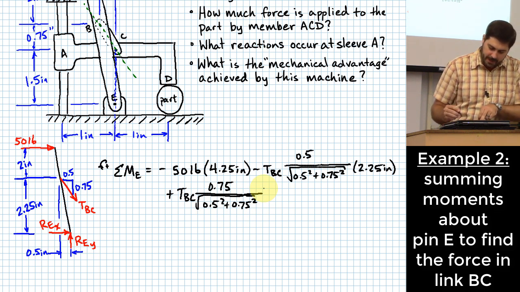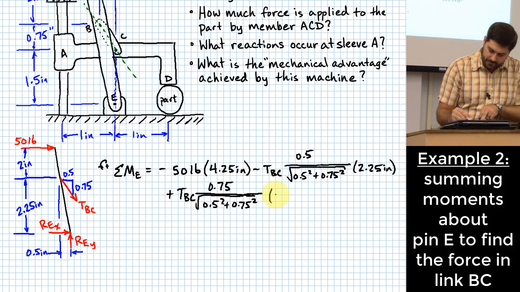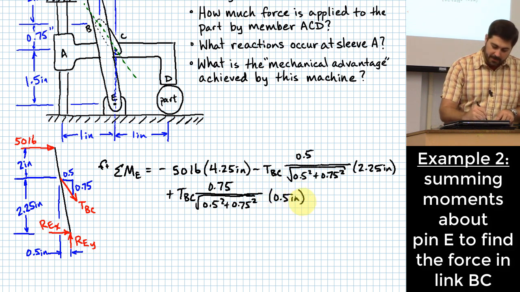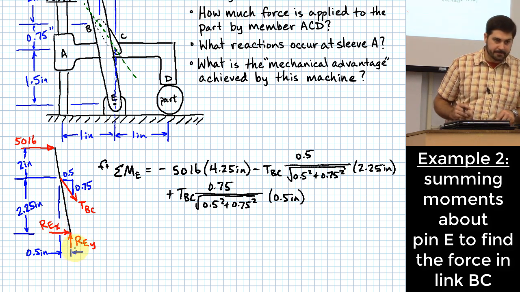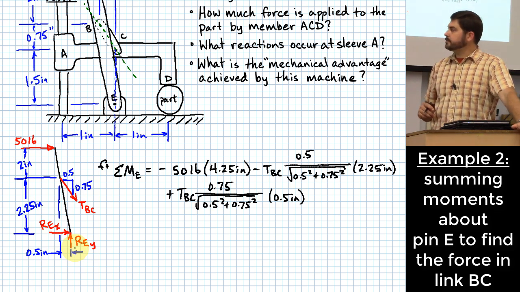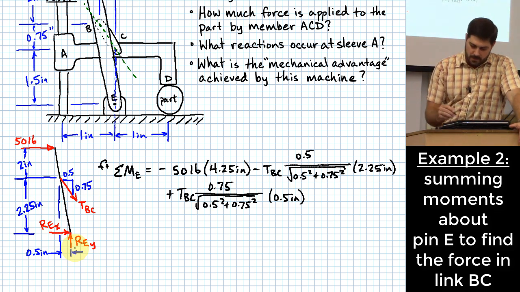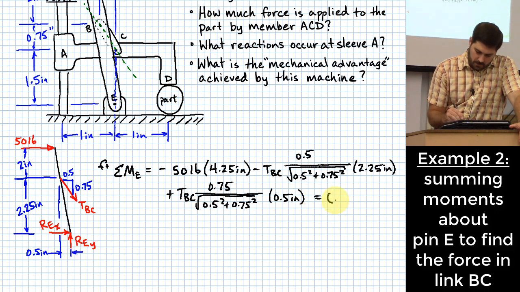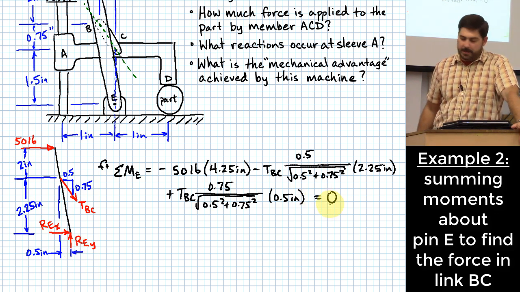And multiply that by what? 0.5 inch, because that's how far it is from the line of action of the vertical component of TBC to point E. And I think that's all I've got that would create moments around E.